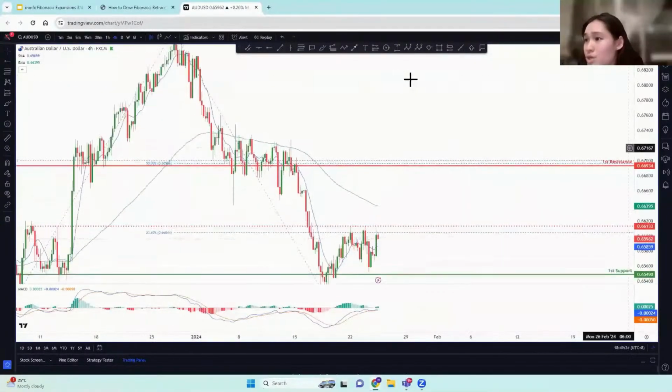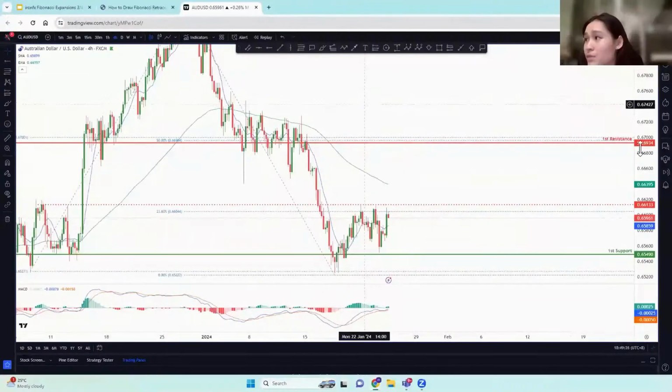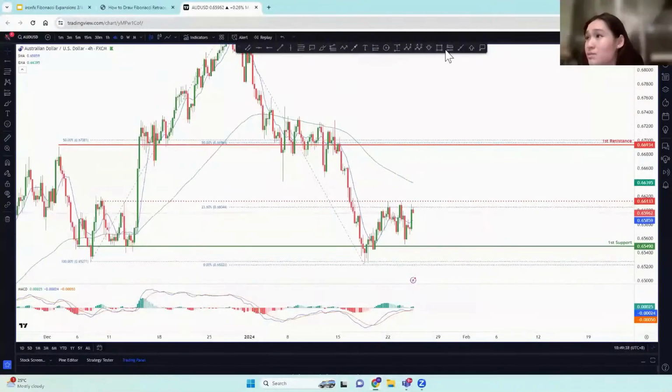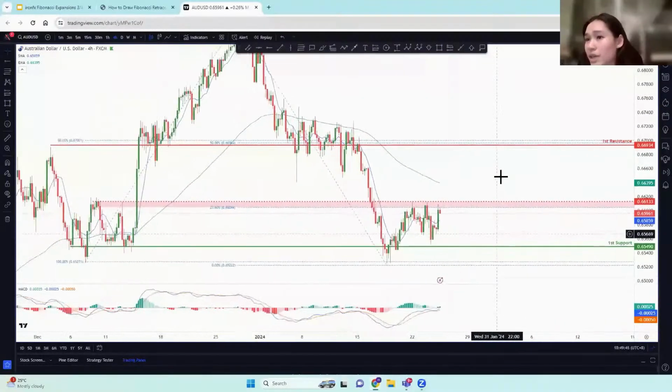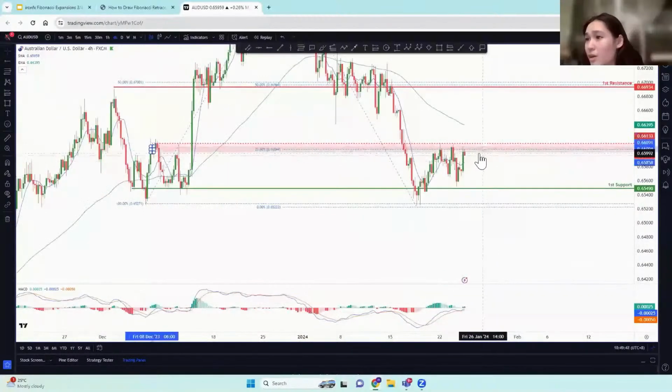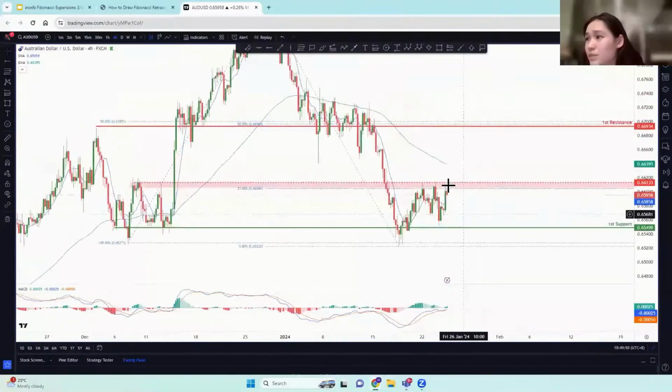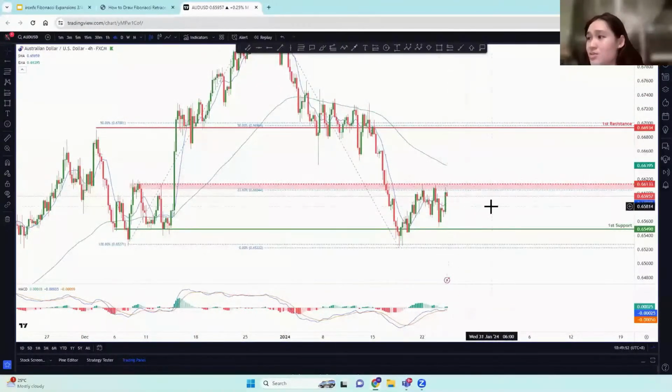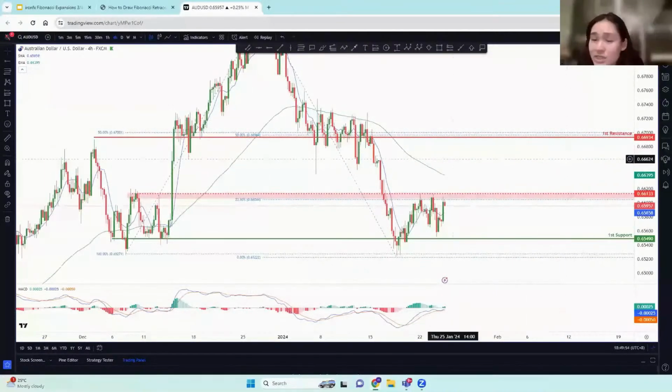We might see some resistance here, but ultimately there is quite a bit of upward pressure that could push it past this resistance level towards our first resistance.